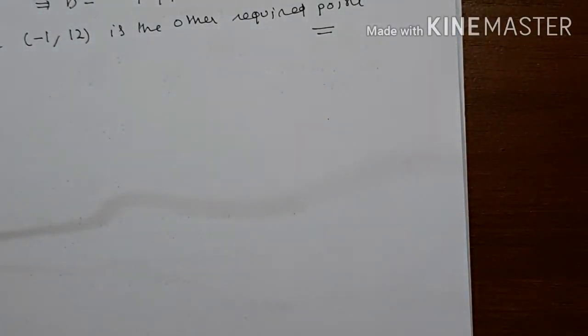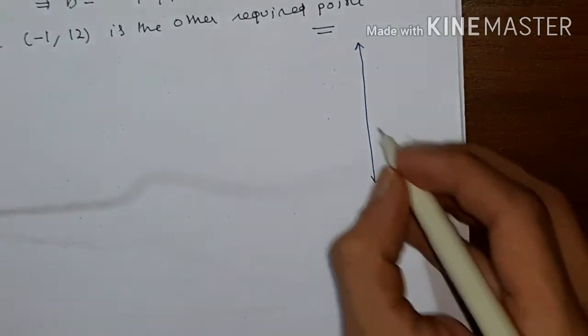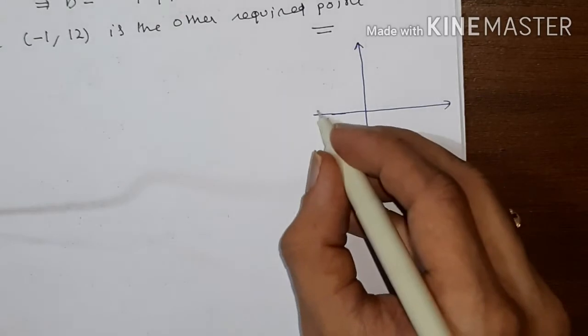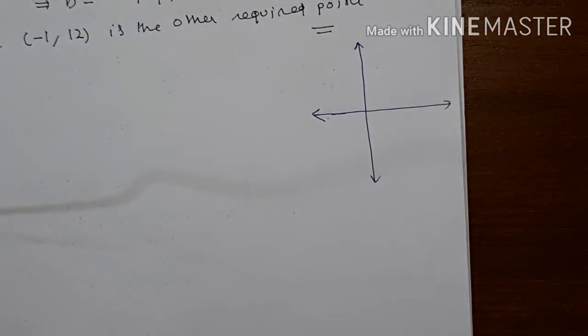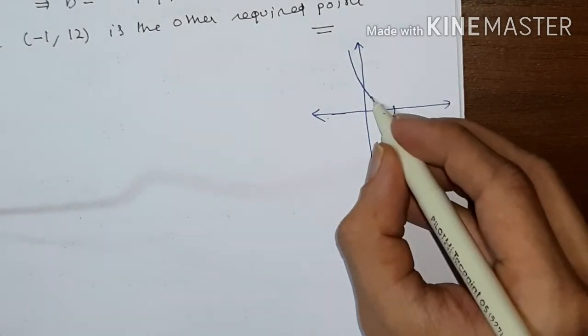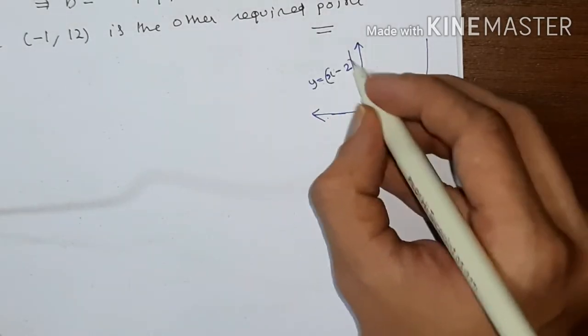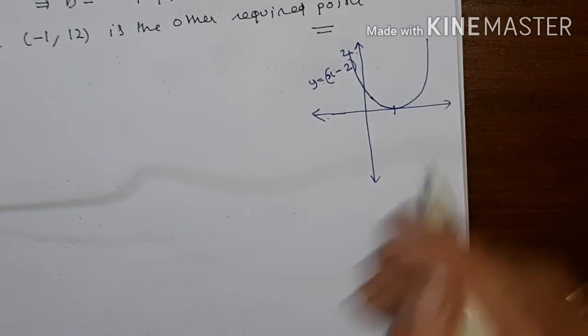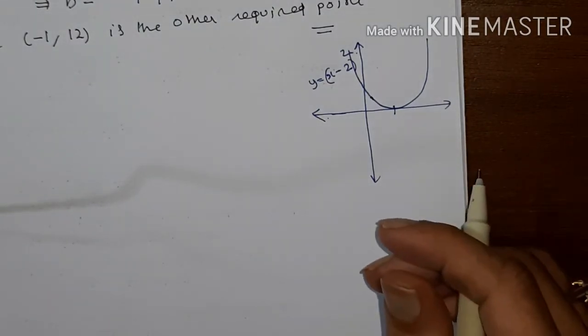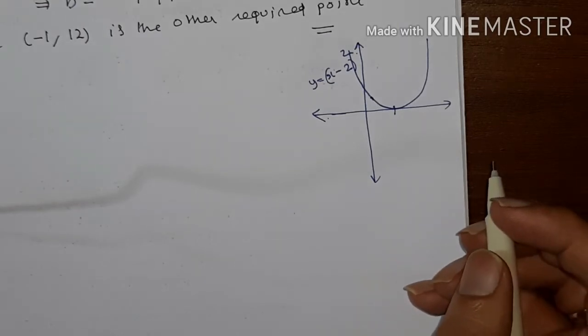If you look at the coordinate axis here, you will have a curve which is something like this, which is nothing but y equal to x minus 2 the whole square. Now we have to find the point on the curve at which the tangent is parallel to the chord.